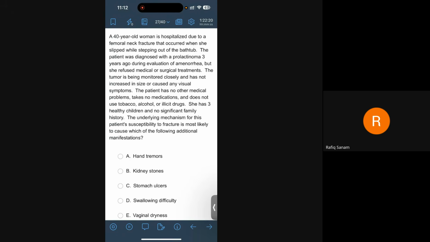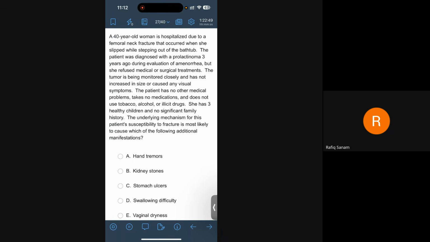The patient was diagnosed with prolactinoma 3 years ago during evaluation of amenorrhea, but she refused medical or surgical treatments. The tumor is being monitored closely and has not increased in size or caused any visual symptoms. So the patient has prolactinoma.